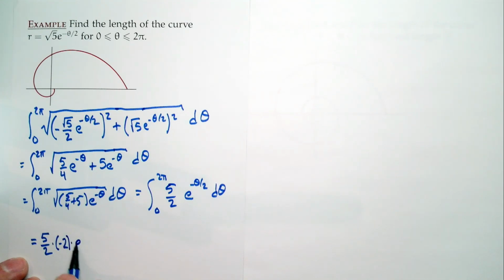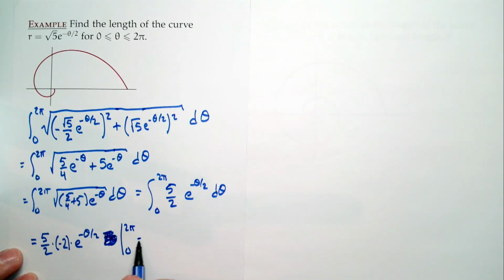Yeah, negative 2, e to the negative theta over 2. Well, no, there's no d theta, but there is a 0 to 2 pi. Right, because you have to account for that negative half up in the exponent, negative half theta. So you divide by negative half, which is the same as multiplying by negative 2.